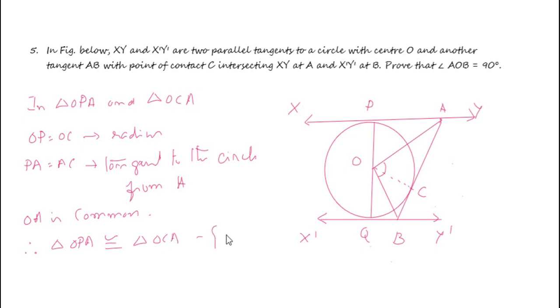It is SSS congruency. Therefore, angle POA equals angle COA. This is from CPCT, corresponding parts of congruent triangles. This one we call 1.